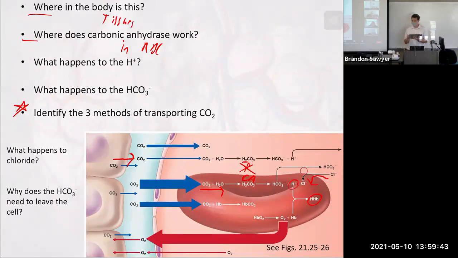Okay, so we make this hydrogen ion, which could potentially be a problem if we just made a bunch of it and just dumped it out into the blood, but that's not what happens. It gets bound to the hemoglobin instead, right? So we'll just say that it gets buffered by hemoglobin. Okay, and then what happens to the bicarbonate?